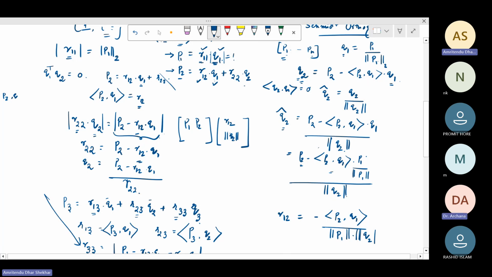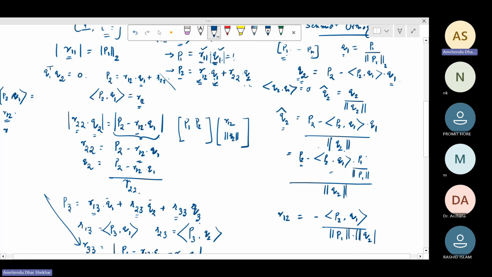So P2 inner product with Q1, then this term drops to 0 because Q2 and Q1 are orthogonal to each other. So it becomes R12, and Q1 inner product with itself is the norm of Q1, which is 1. So P2 comma Q1 is equal to R12. So you have got the value of R12. Q1 is already known to you.